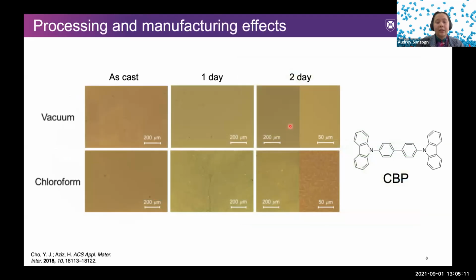And we can see the effects of the manufacturing process here. If we deposit a typical host material like CBP with vacuum deposition and with chloroform using solution processing, we can see that initially they look identical, but over time the vacuum deposited system remains stable, while in the first phase of the solution process with chloroform there is a formation of a crack, and over the second phase there's the formation of microcrystalline domains.